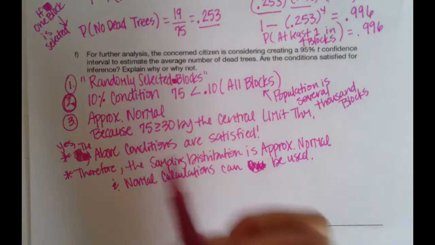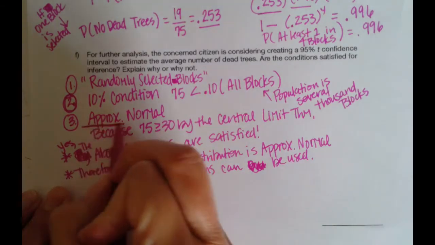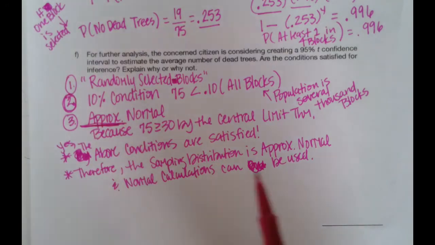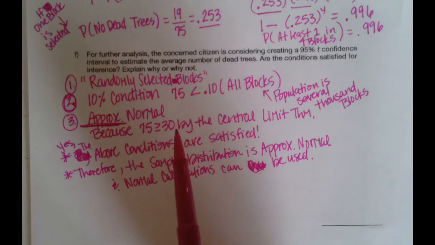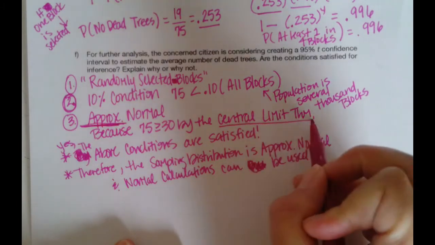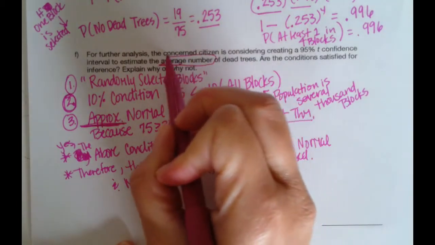3, make sure that you put approximately normal instead of just normal. I did not do a good job of that, but I want to make sure that the reader knows that you don't think it's exactly normal. And you have to at least say, how do you know that it's approximately normal? Because 75 is greater than or equal to 30 by the central limit theorem. The central limit theorem applies to means, and this is talking about the average number of dead trees.